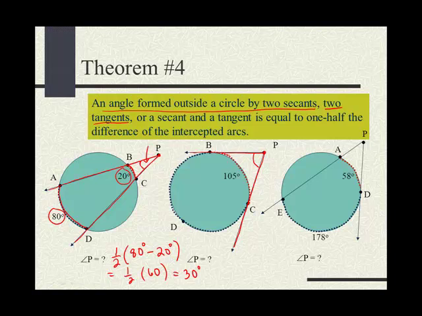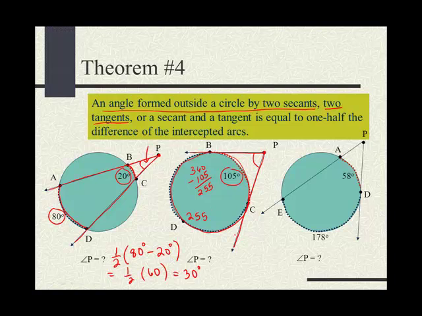Well, the intercepted arcs are the arc BC going around this way, which is measured as 105 degrees, and the major arc BDC, which goes around the circle this way, and we can find the measure of it simply by taking 105 and subtracting it from 360. 360 minus 105 is going to be 255. So the measure of arc BDC is 255 degrees.